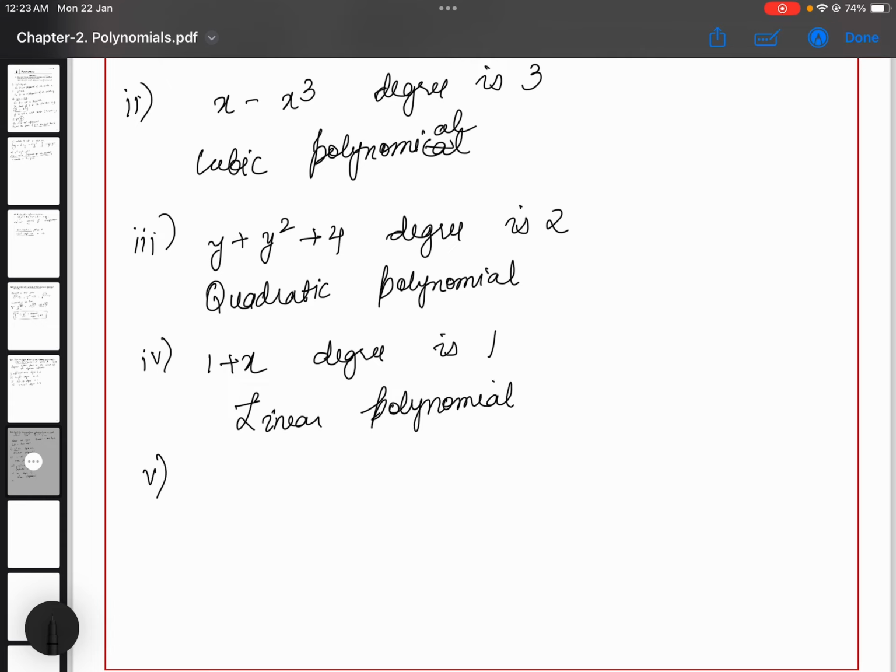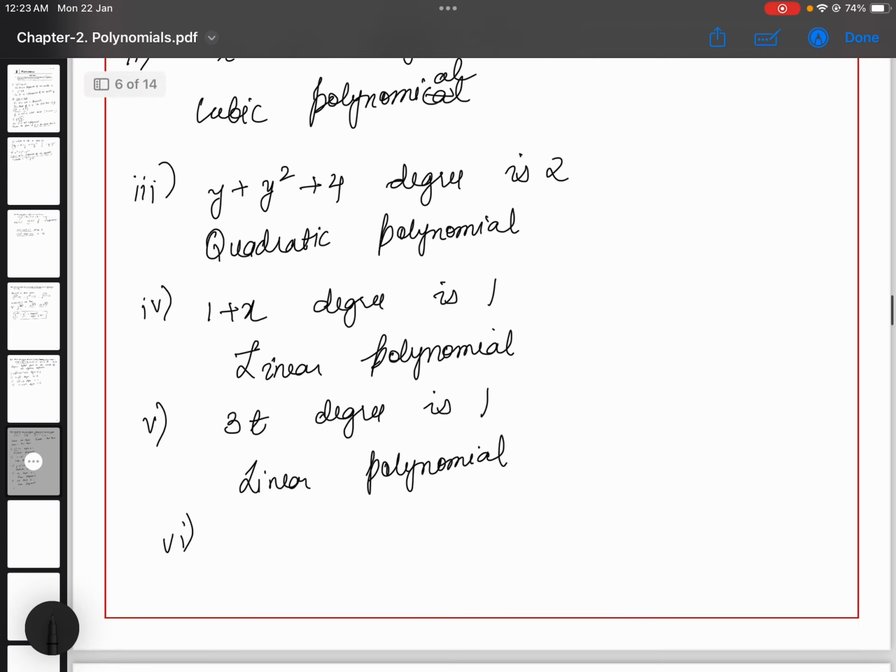Now fifth is 3t. Here, what is the degree again? The degree is 1, and this is a linear polynomial. Okay. And the sixth is given as r squared, right? So r squared, degree is 2.